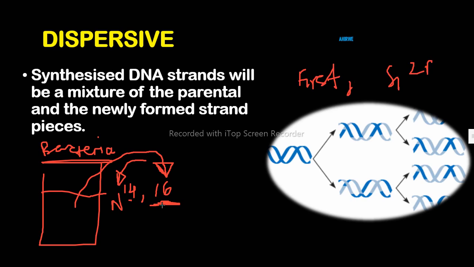In the first they used 14, in the second they used 16. Now to test for this hypothesis, we shall try to separate this DNA. 14 and 16 have different weights. These are atomic masses. So we shall use centrifugation.